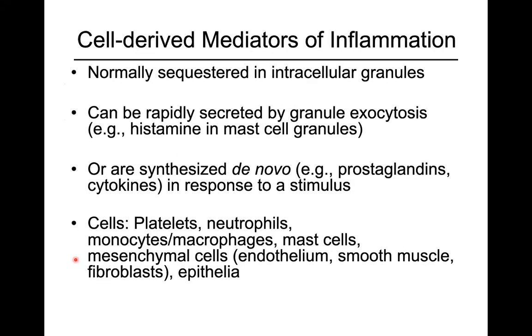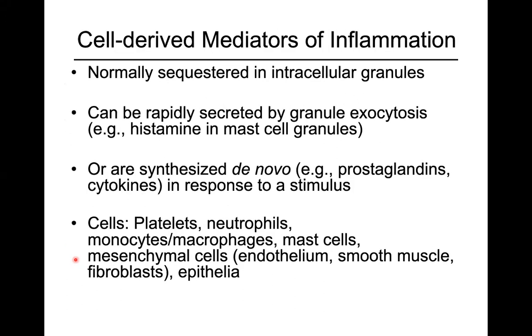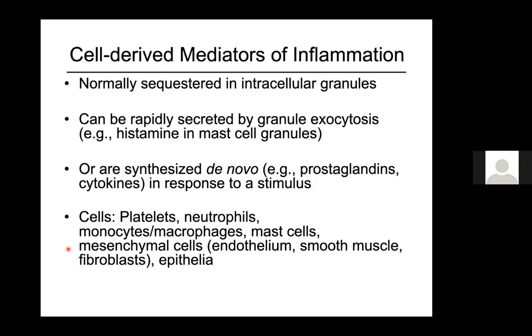So either they are already preformed and they're released, or once these cells are activated, the synthesis begins. So de novo synthesis. And these are actually the more important ones when we're talking about acute inflammation. So this would be things like cytokines. Remember, we talked about once your macrophages, for example, recognize the pumps and dumps, they become activated, and then you get expression or upregulation of pro-inflammatory genes.